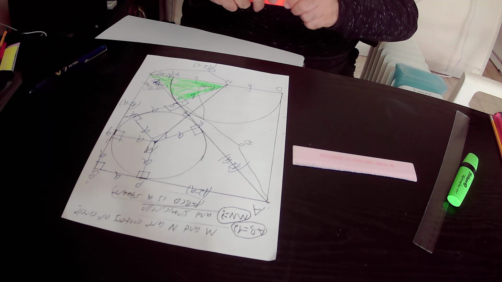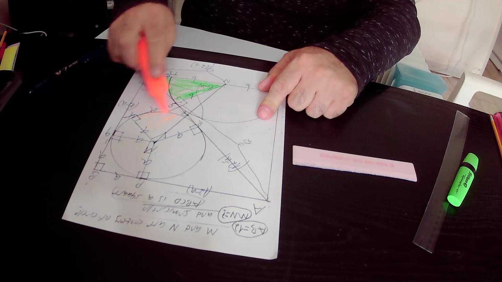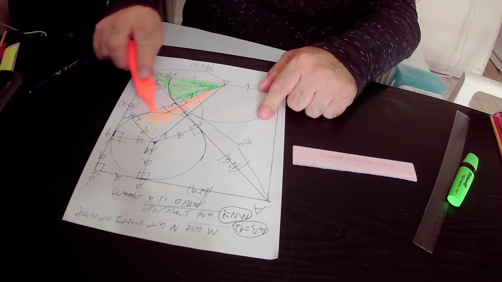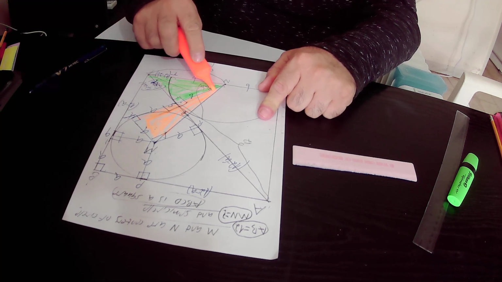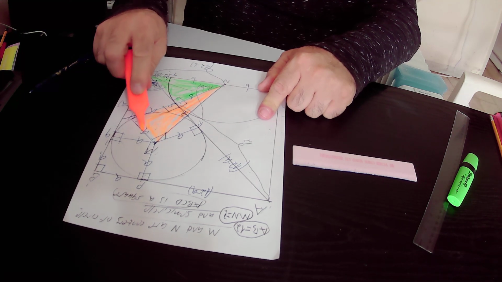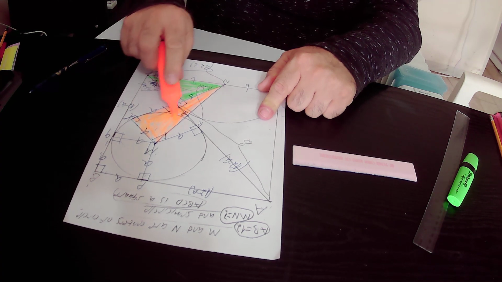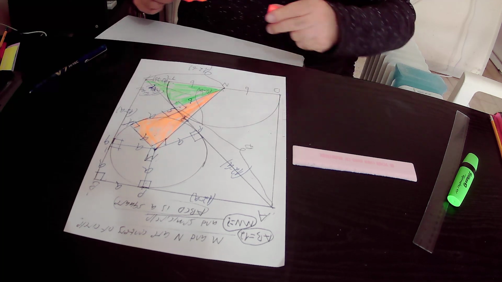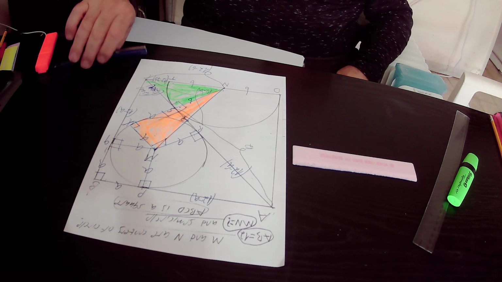So we'll focus on the orange triangle, triangle MNX, and we will implement the Pythagoras theorem on the orange triangle, triangle MNX.